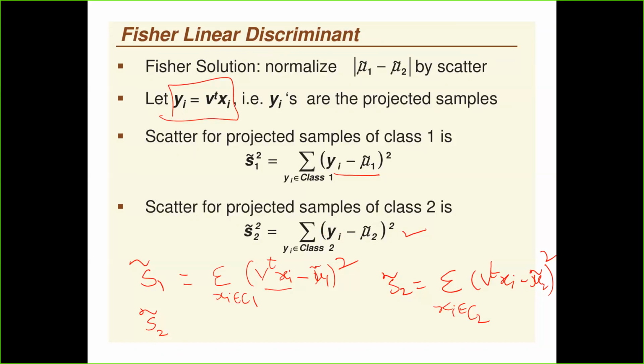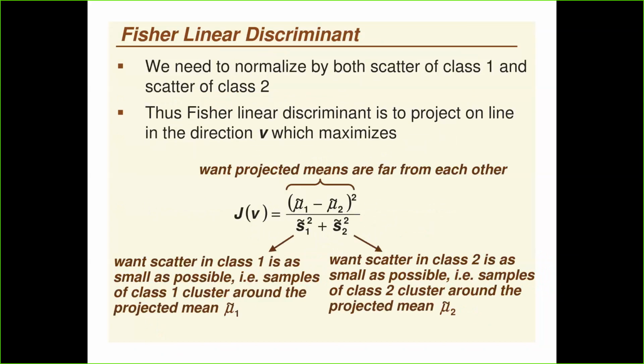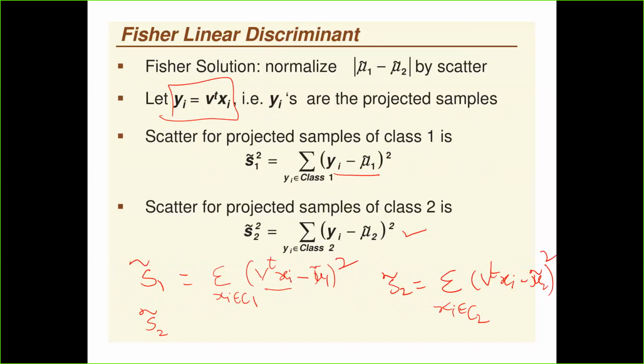All right. So now we understood what the scatter is in the original space and in the projected space. Now let us try to derive a relation between the scatter in the original space and the scatter in the projected space. But before that, let us also try to understand what our objective is.